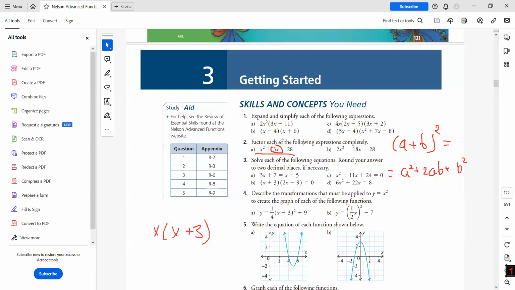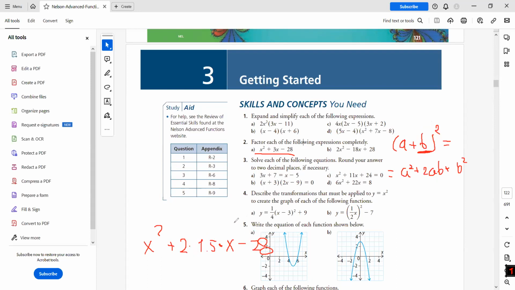In this example, we have 3x. If we divide it by 2, we would get x squared plus 2 times 1.5 times x, right? And minus 28. This is what we have right now. So the second term in the perfect square, or b in this case, should be 1.5, right?